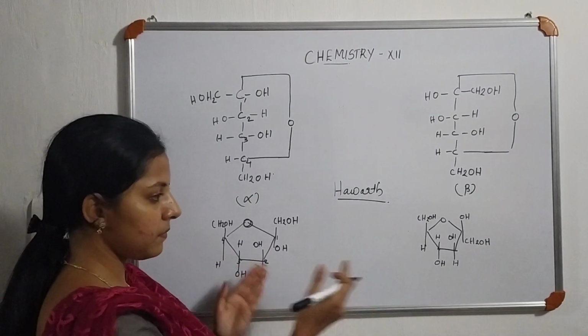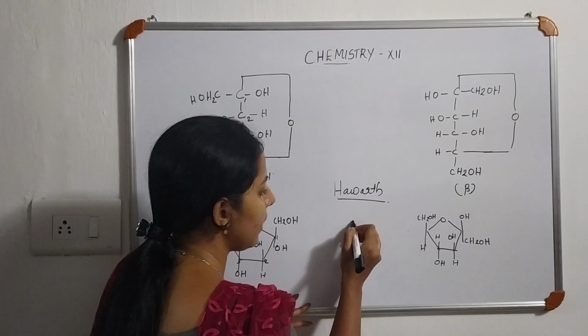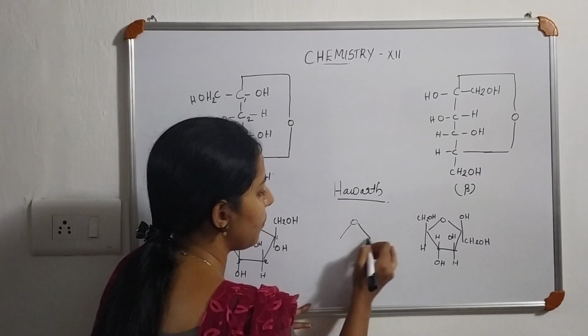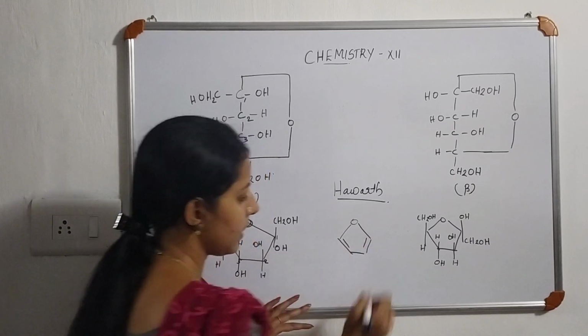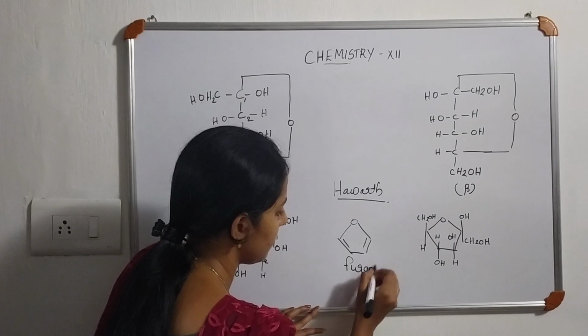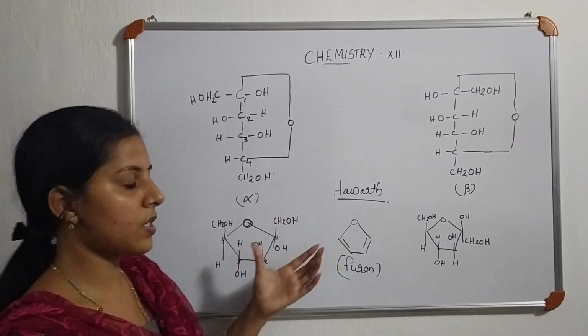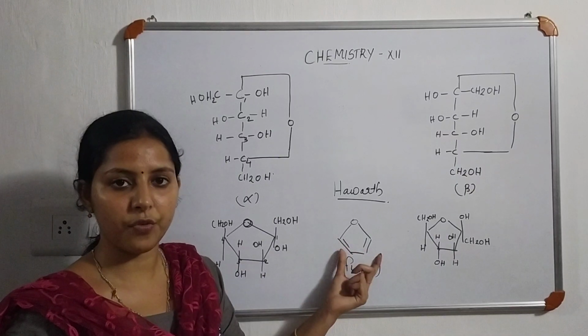And here these Haworth structures are similar to a heterocyclic ring, which is furan. This is furan. So the Haworth structure of fructose shows similarities with this heterocyclic ring furan.